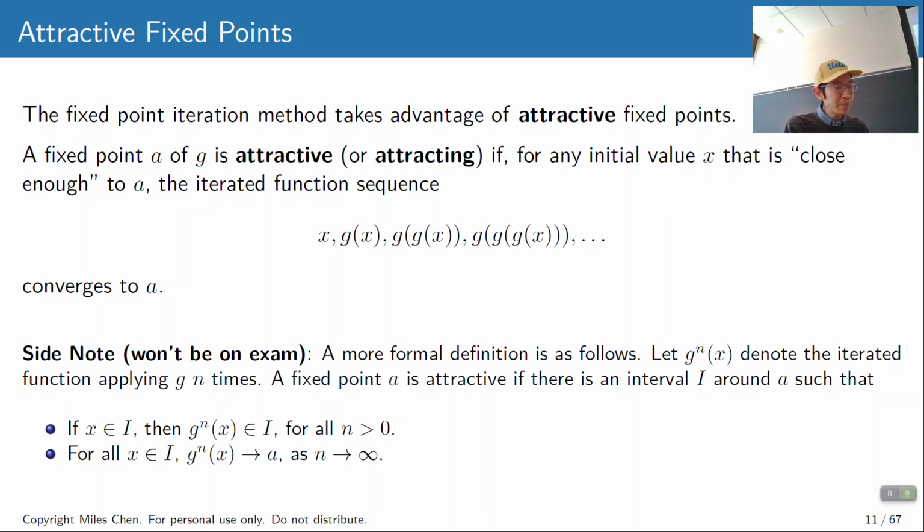Now, fixed point iteration depends on this concept of an attractive fixed point, right? So some fixed points are what we call attractive fixed points, okay?